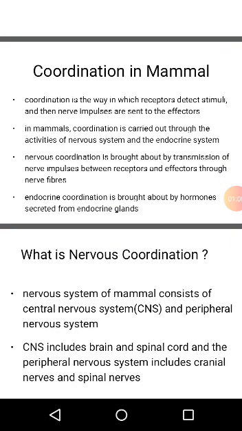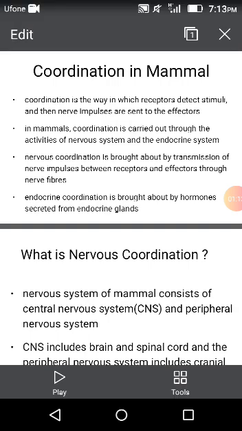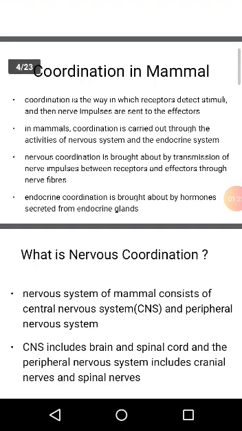Coordination in mammals is the way in which receptors detect stimuli and then nerve impulses are sent to the effectors. In the last topic, I explained that a stimulus is any change in the environment. Receptors are the sense organs which receive that change, and effectors respond to that change.